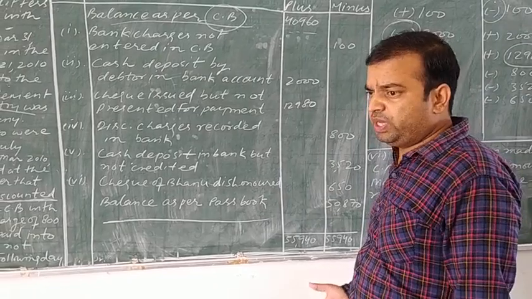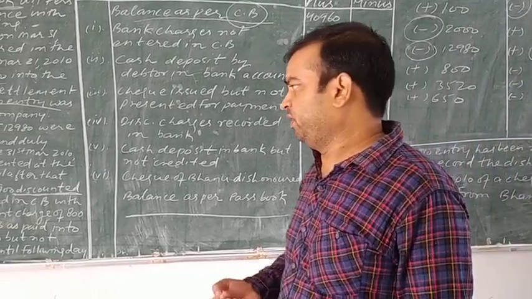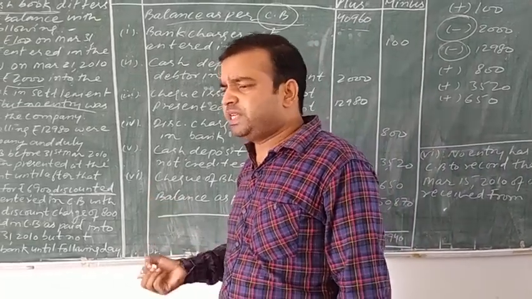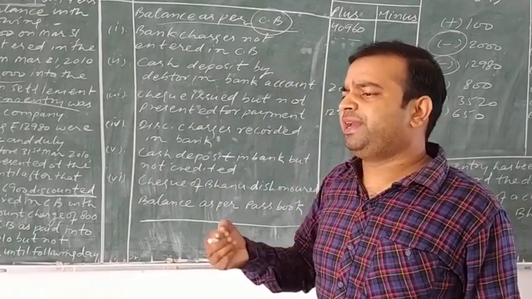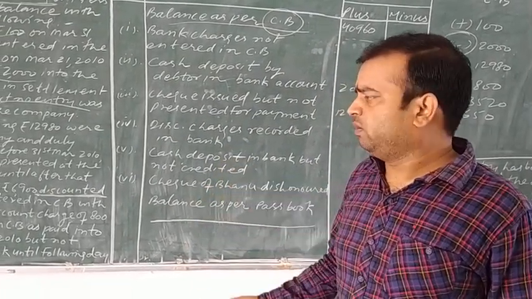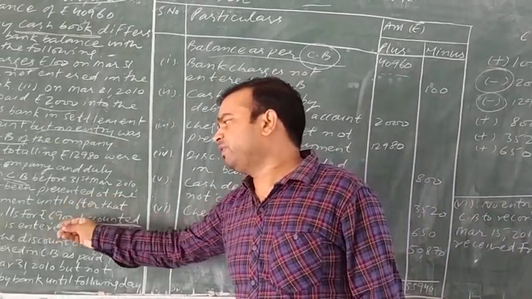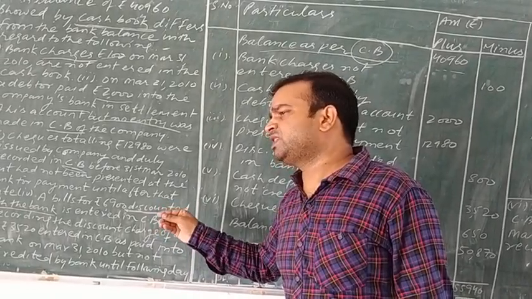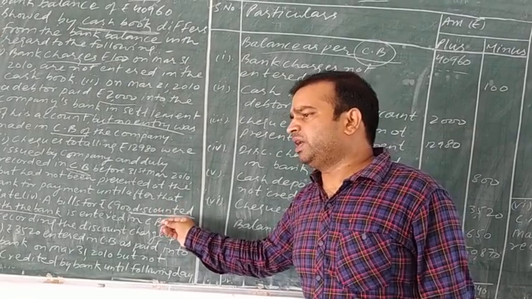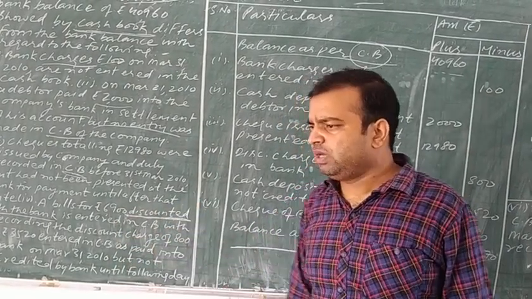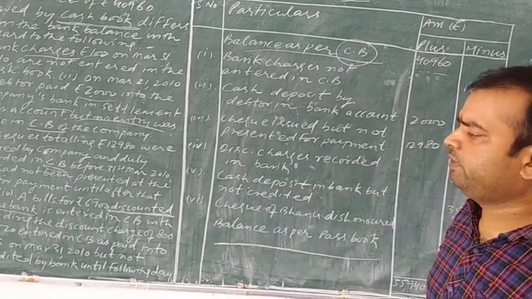But due to an emergency condition, the firm might be in need of funds, means money, and the facility is provided by the bank that a bill receivable can be encashed before the due date by depositing the bill receivable with the bank, and the bank, after deducting some amount, means after charging some amount, will return the remaining balance amount to the person who is presenting the bill receivable.